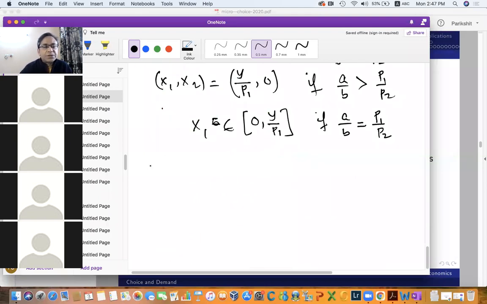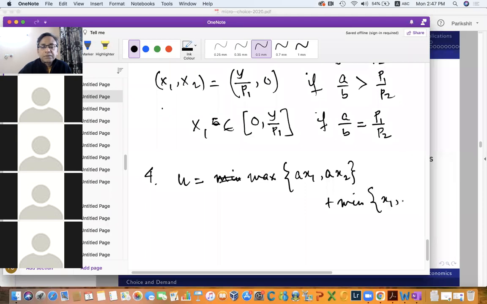So let me just briefly mention a fourth example. So suppose the utility function is, let's say, max, okay, A is some constant.